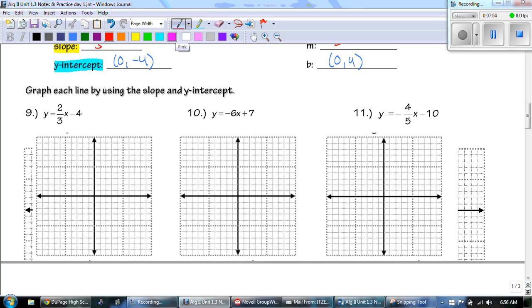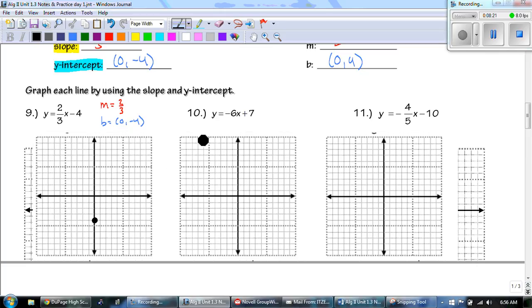So the two things that I need to know is I need to know my slope, which is 2/3, and then my y-intercept is 0, -4. So remember, 0, -4 is where we begin, okay? So I'm going to go to 0, -4, and I'm going to draw my dot. And that's my first point.